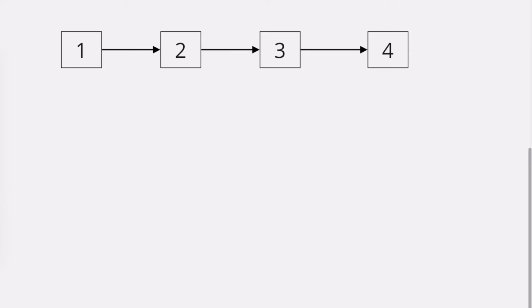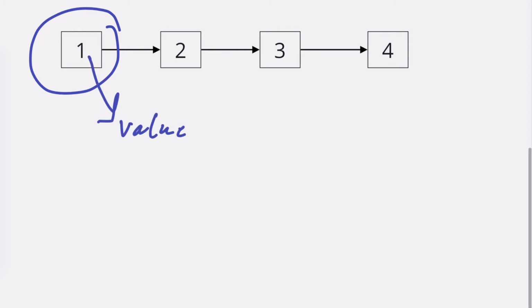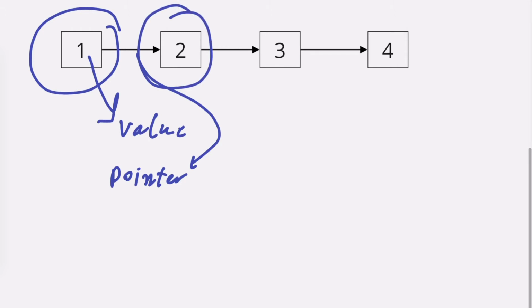Just imagine each square or each box here as an object that has its own value, and also it has another thing inside it, we call it a pointer, that is referencing another object. For example, object 1 has a reference inside it to the next one.